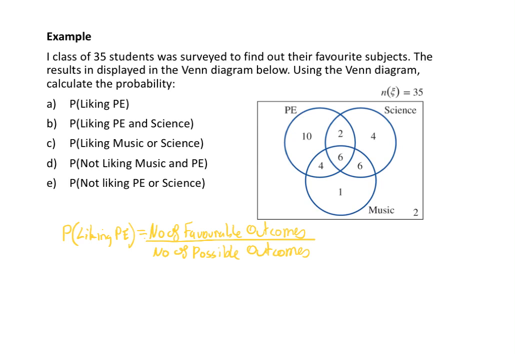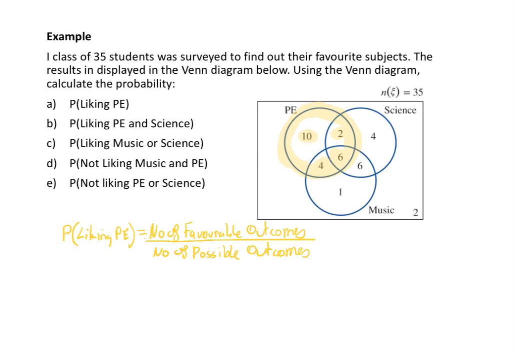My favourable outcomes are going to be contained within the PE set, or the PE circle, on my Venn diagram. So all of my responses within my PE set are going to be included in favourable outcomes. And I can see that there are 4 responses within my PE set.